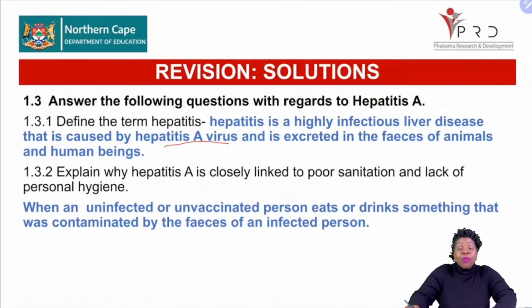So it is important that we must always wash our hands after using the toilet. Always wash your hands before touching food or before food preparation so that we avoid foodborne diseases.